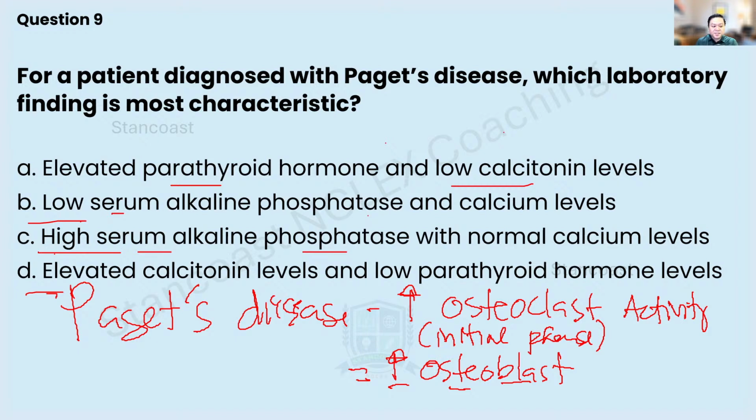This is commonly occurring in patients over 40 years old. This is more common in countries in Europe and also Africa, Asia. But when we are talking about Paget's disease, again, there will be a different structure of the bone here. The bone is becoming a larger bone structure. Even though it is quite big, they are weaker bones.